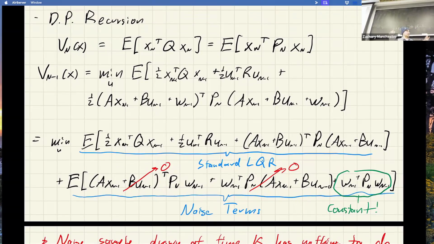So it doesn't affect the control policy at all. But it's still in the cost. So literally all it's doing is pushing the cost up by some constant amount that depends on the noise variance. But you can't do anything about that. It doesn't affect the controller, and you're just kind of stuck with it. That makes sense? Cool. Anybody else have any questions?